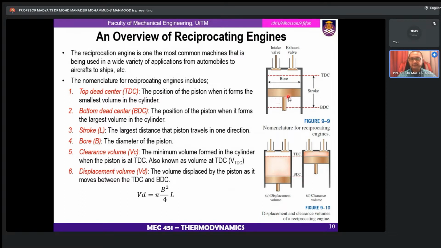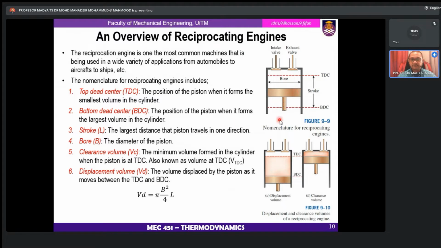So when the piston goes up, the volume decreases, and at the smallest volume, the position of the piston is called the top dead center.